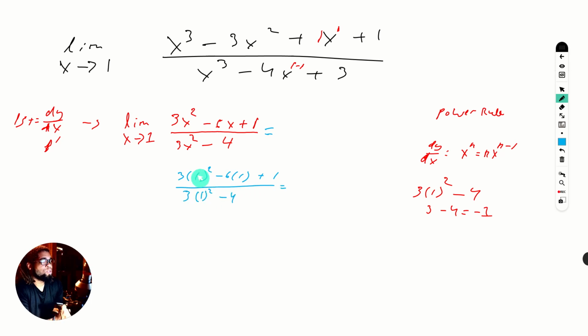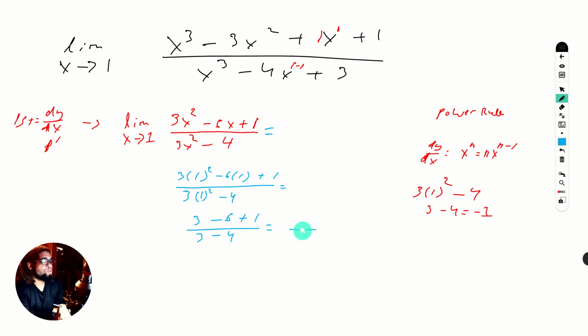right? So on the top, we know that this is going to be what? We did that over there, right? So we're just going to have 3 minus -6 times 1 is just going to give us -6 again, and then plus 1, so that's our top. And then on the bottom, we're going to get 3 again here, minus 4.